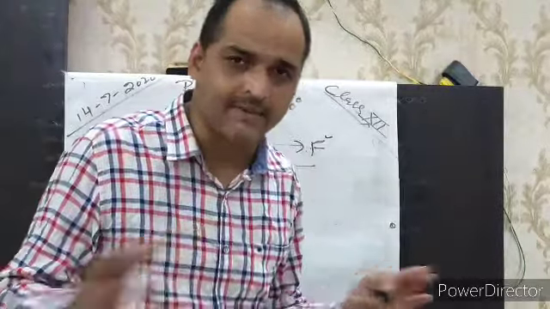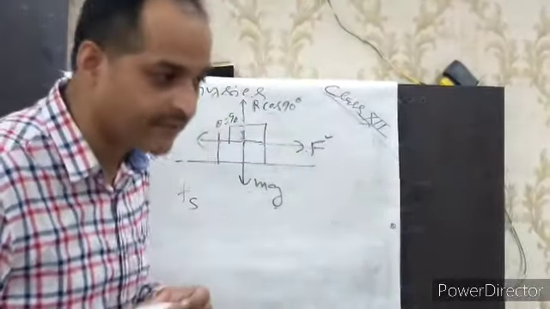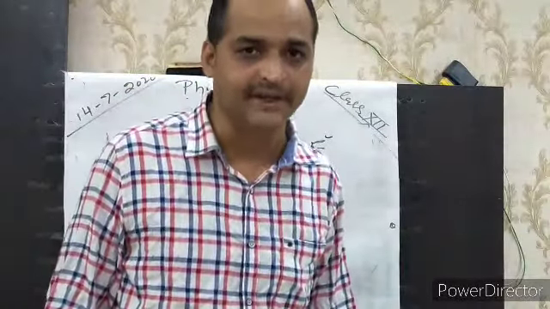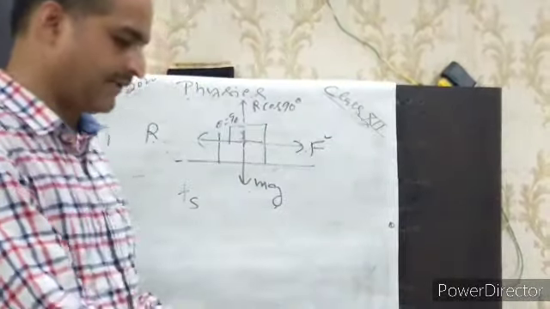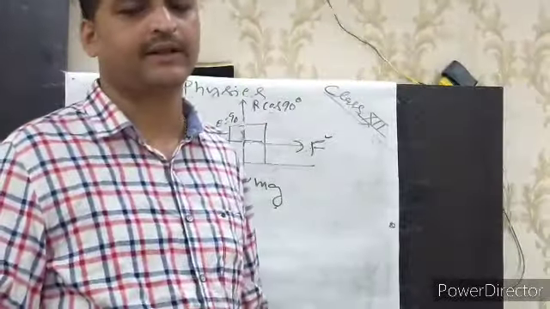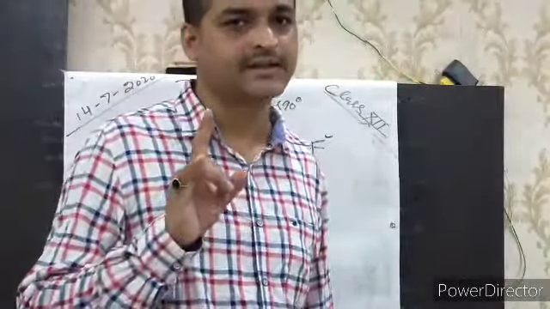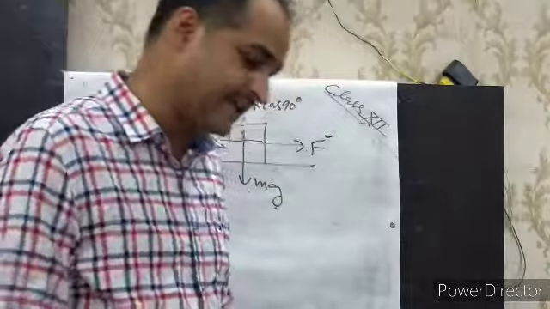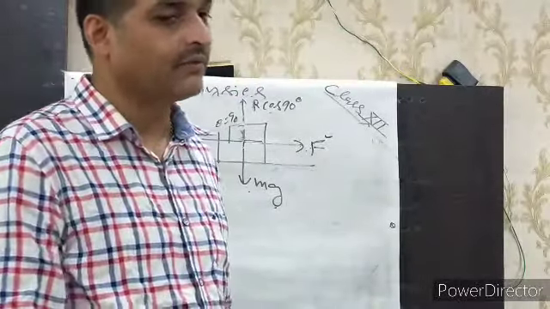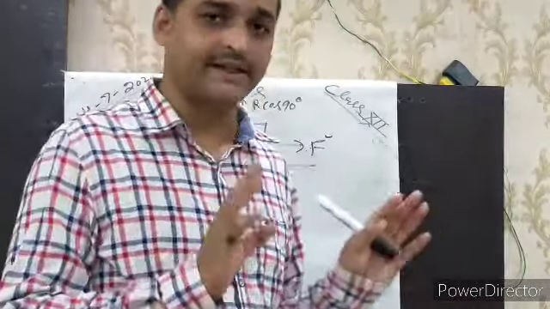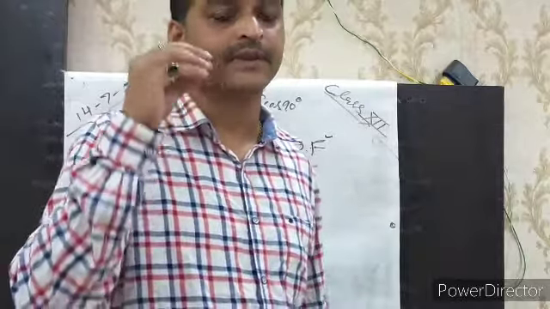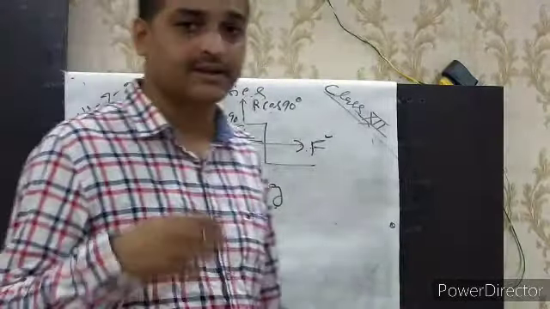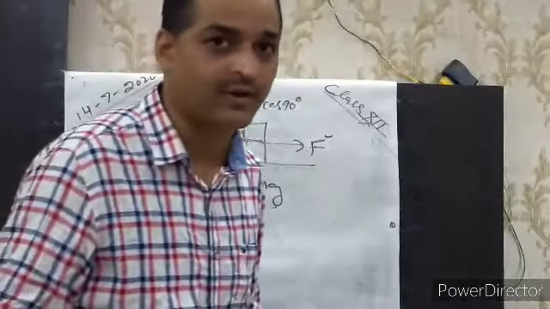When the body is just about to slide, the maximum friction force is called limiting friction. Okay. When we have applied little force, it is not moving, then this one is static friction. When we are increasing the force and the body is about to move, when the friction force becomes such that the body just begins to slide, then that force is called limiting friction.